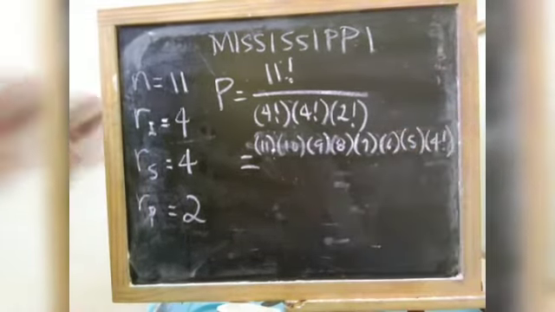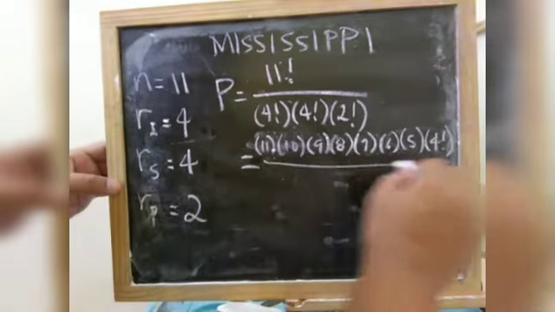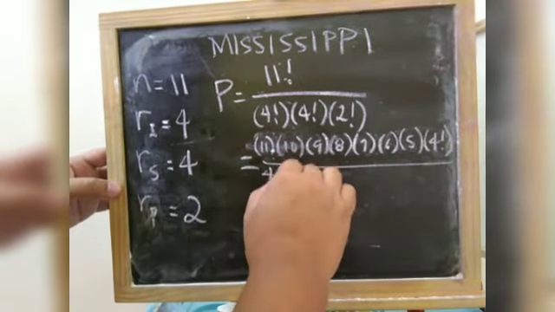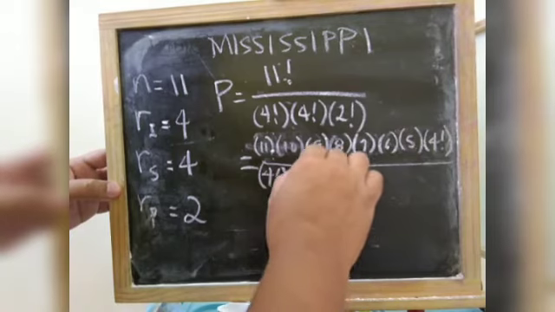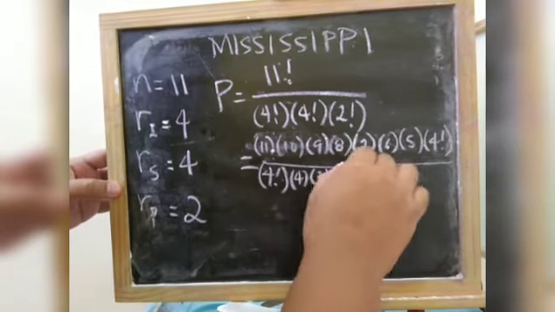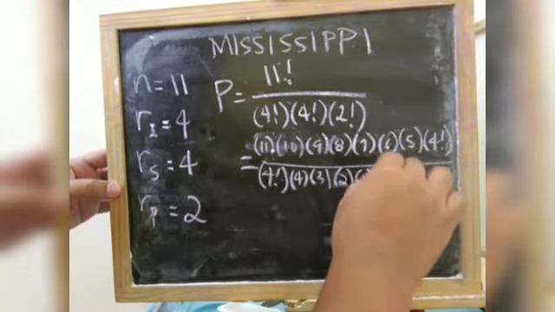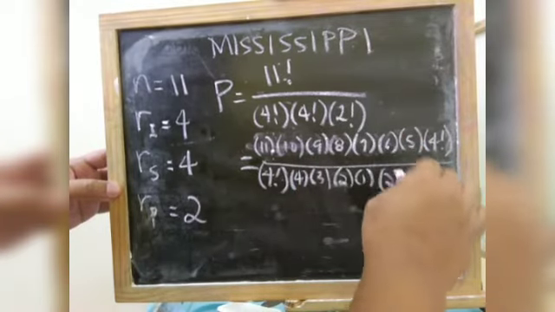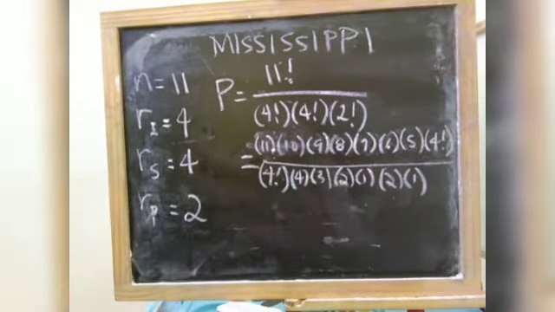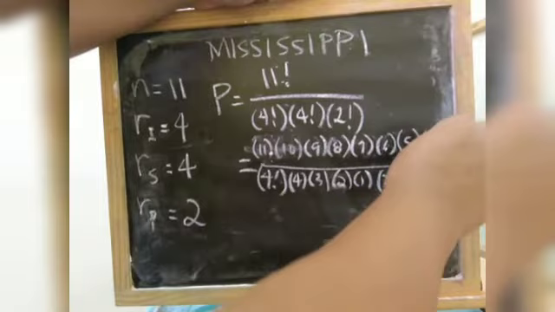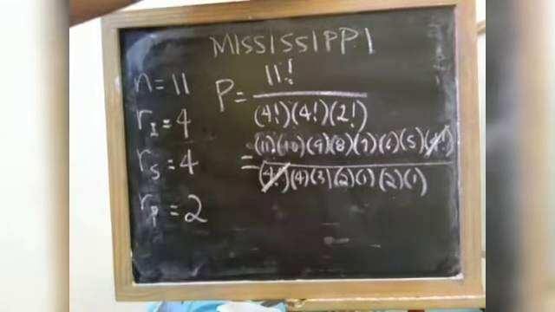Hindi na natin paabutin hanggang 1. All over 4 factorial, tapos 4, 3, 2, 1, tapos ito naman 2, 1. Tapos, cancel to. Cancel to.